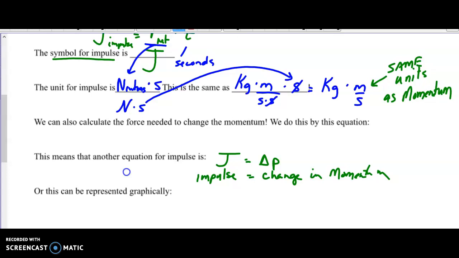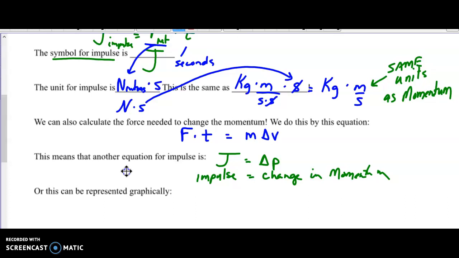Okay, now I'm going to go back up here and ask, what did J equal? What did impulse equal? Wasn't that the force times the time? That's what we got up here, newtons times seconds, equals the mass times the change in V, the change in velocity. So there is our equation.